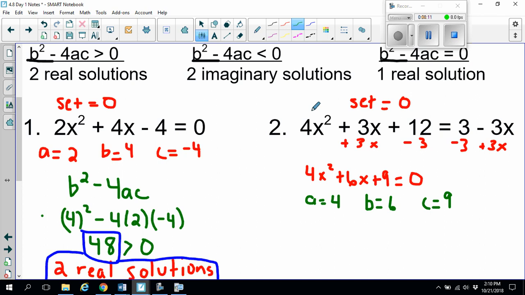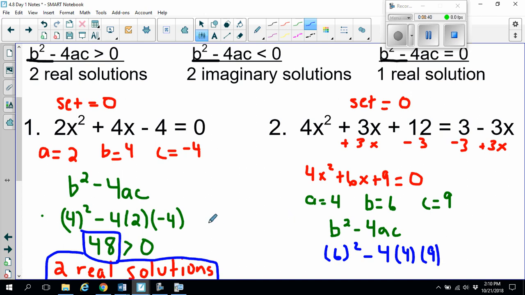So just like we did before, we're going to plug our A, B, and C values into the discriminant. So that is B squared minus 4AC. So my B is 6, so I have 6 squared minus 4 times our A value, which is also 4, times our C value, which is 9.